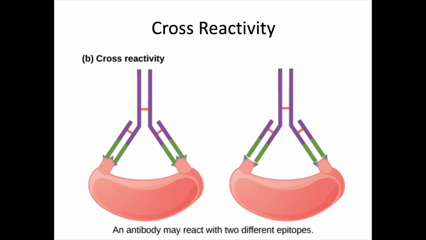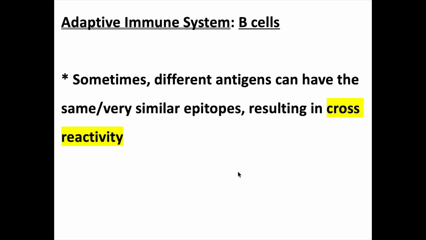And again, this can be a helpful thing if you have two different pathogens or two different strains of a virus that are similar enough. The antibodies you raise against one can help you fight off the other one. So yeah, just understand that this can happen sometimes. Different antigens with the same or very similar epitopes, you can get cross-reactivity with these antibodies.